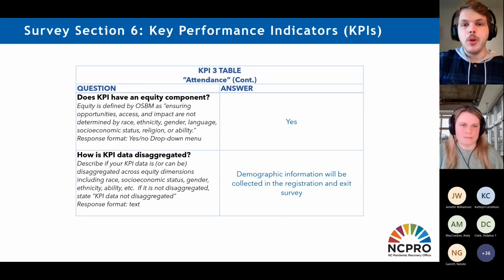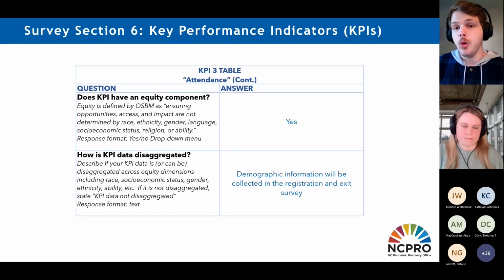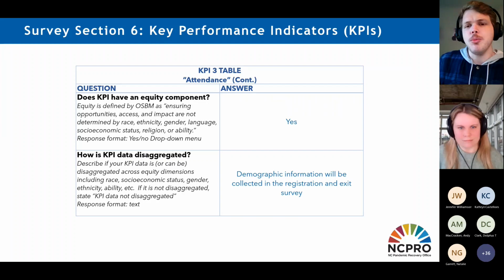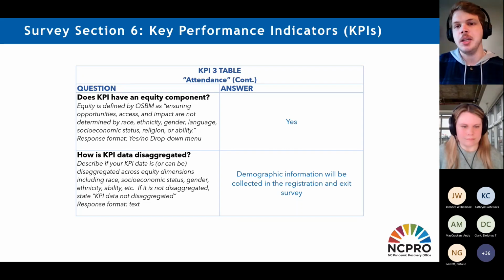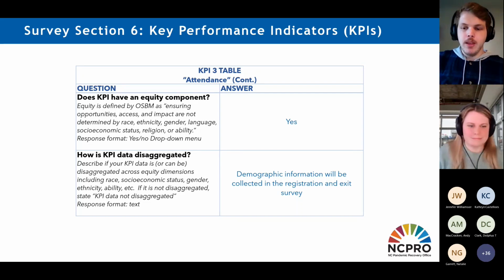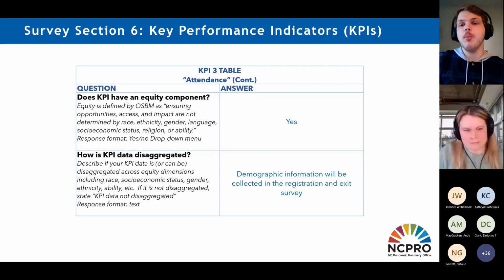And then looking at that same equity component, drop down yes or no. For this one, we did again determine that there would be an equity component because as we are collecting attendance information at the registration booth, there would be demographic information collected as well as information collected in an exit survey. So if you're able to do that, great, you'd get that information and then you'd be able to disaggregate it.